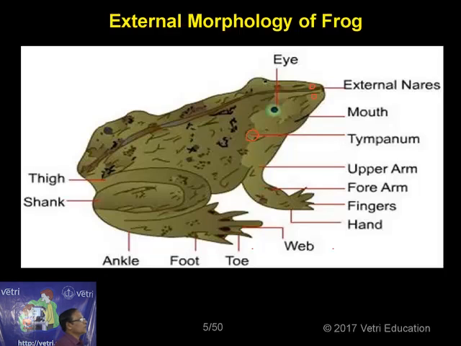In the forelimb there are only 4 digits, but we have 5 metacarpals. The palm is supported by 5 somewhat long, elongated, slender bones called the metacarpals.